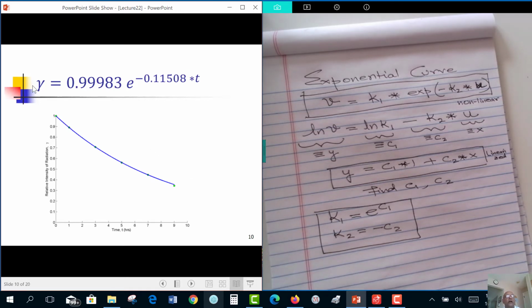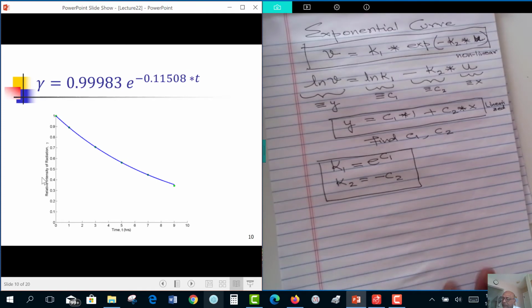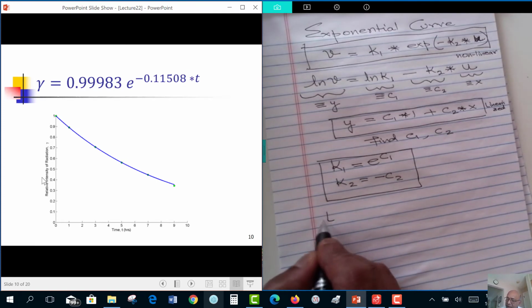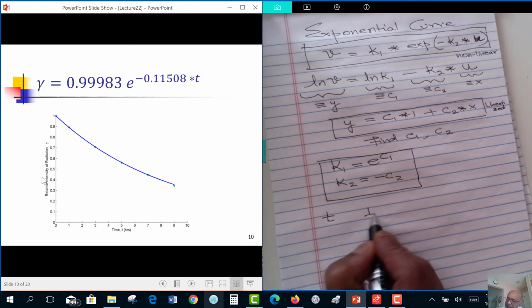So we want to fit a curve, something like intensity of radiation versus time is K1 e to the minus K2 T. So if you are given T versus I data, we have T versus intensity data.